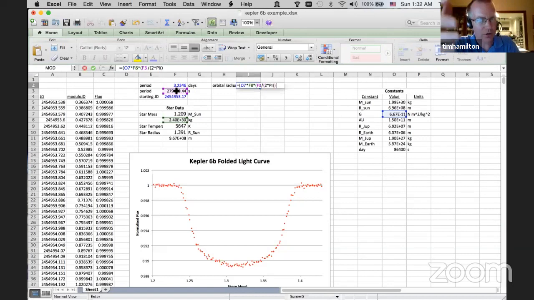So it's not an operation on a whole column of data, so you don't really need to do it in TopCat here. Okay, 2 times pi, we close those parentheses, we square that, we close those parentheses, and we raise this to the 1/3 power.